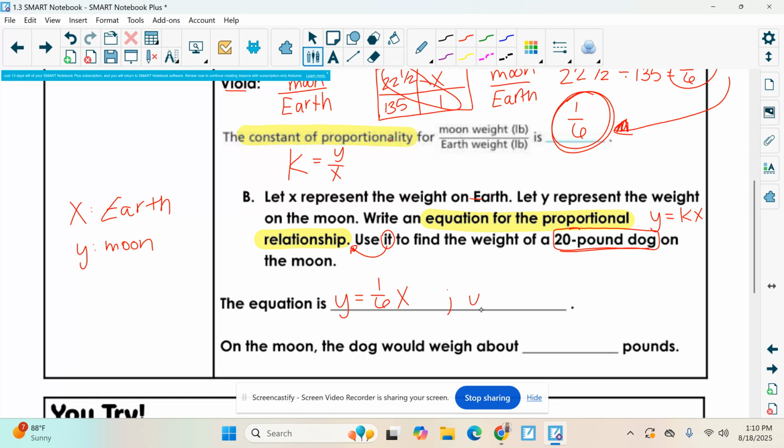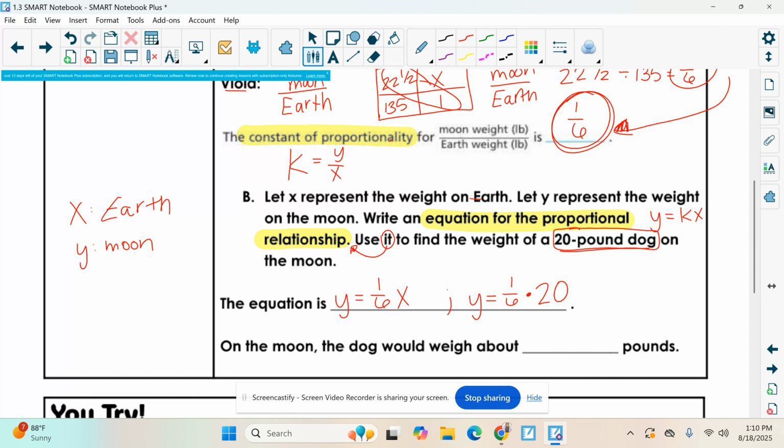So it's going to be Y, that 1/6 stays, times 20 pounds. So when you plug that into your calculator, Y equals 1/6 times 20.